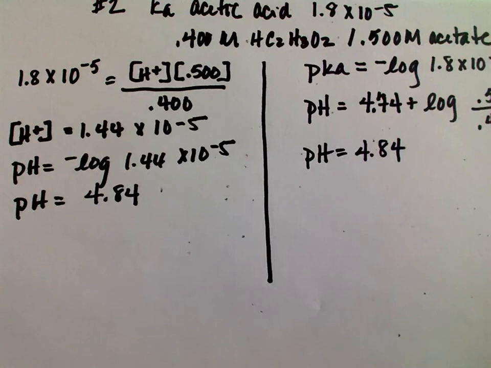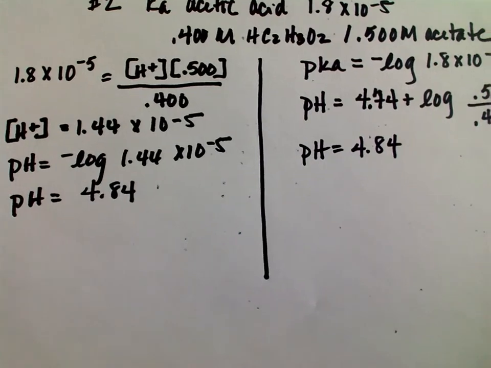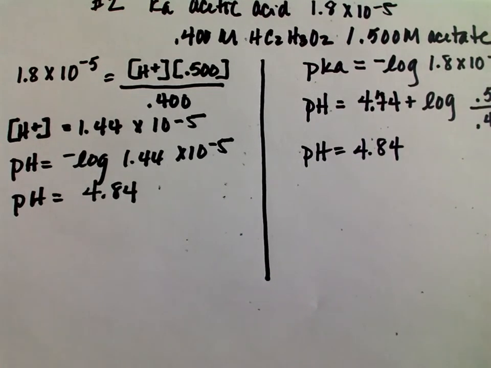What happens after we add a small amount of hydrochloric acid to this buffer system? pH will vary a little bit, but will it go up or will it go down? Things to think about. Which way will that equation shift if you think in terms of Le Chatelier's principle?